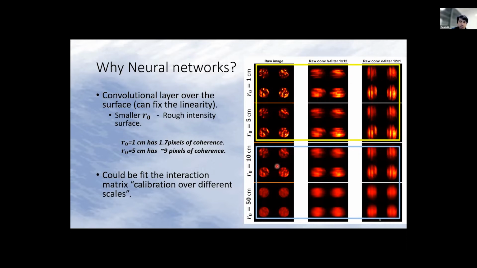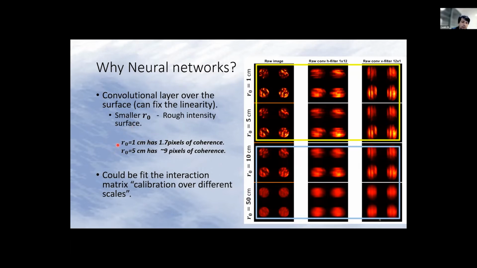And for bigger r0, we have a softer intensity surface. So, for example, here you can see that we have a softer value. So we can predict that we don't need more information in the optical gain, for example.